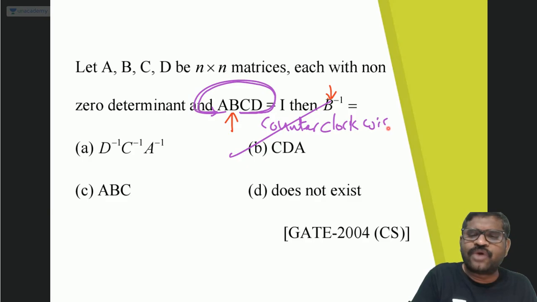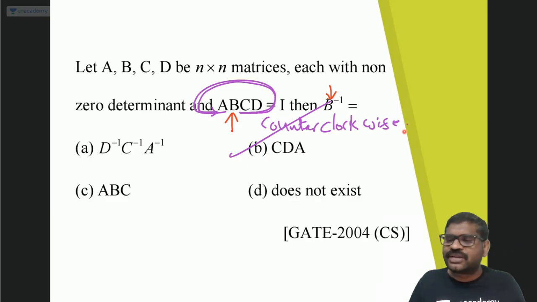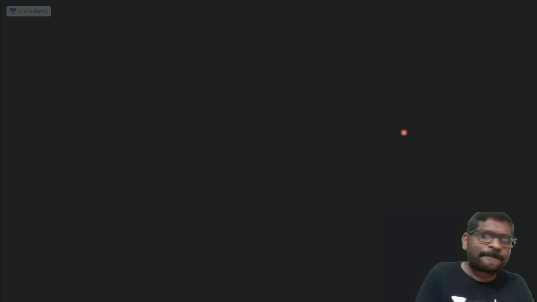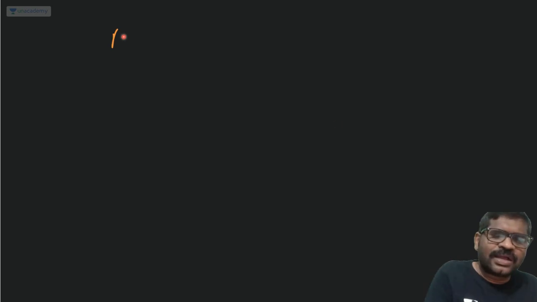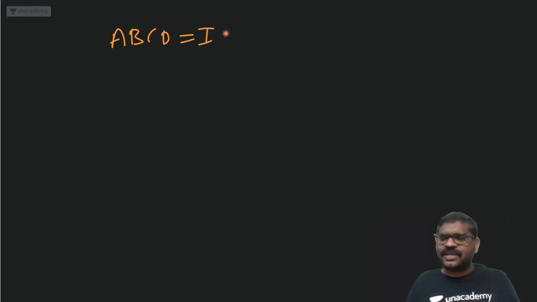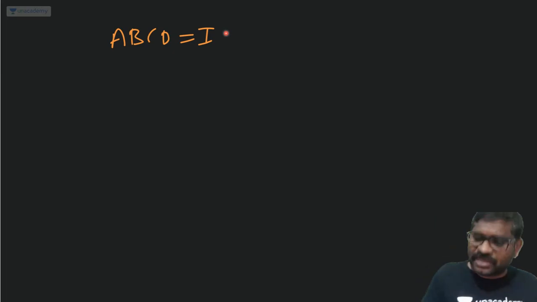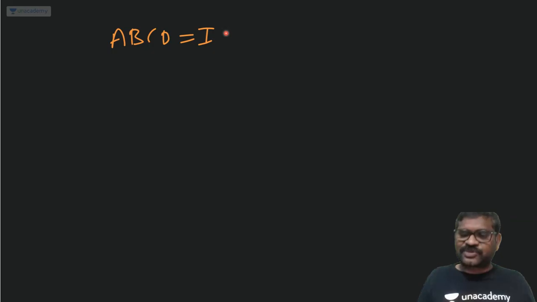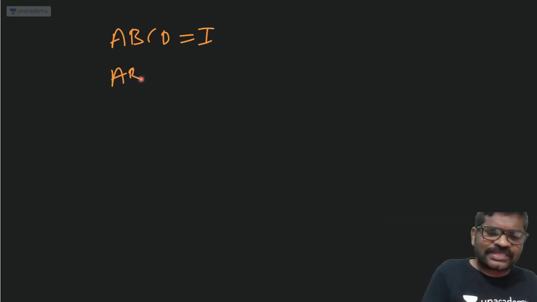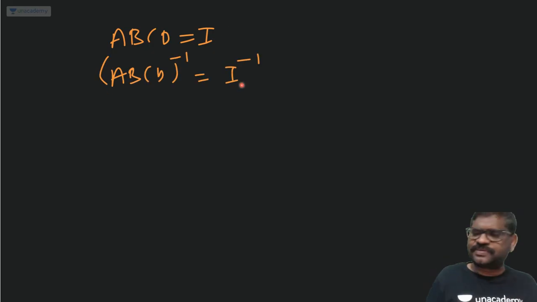Sir, why do we have to follow counterclockwise order? I am explaining. Observe. ABCD equal to I. Take inverse on both sides, because you are going to find an inverse. So (ABCD) whole inverse equals I inverse.